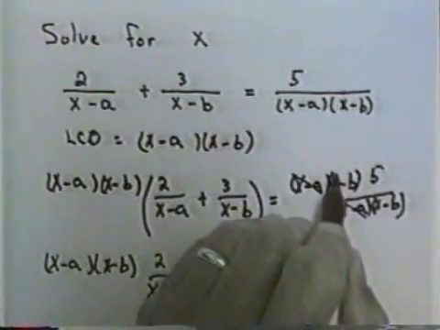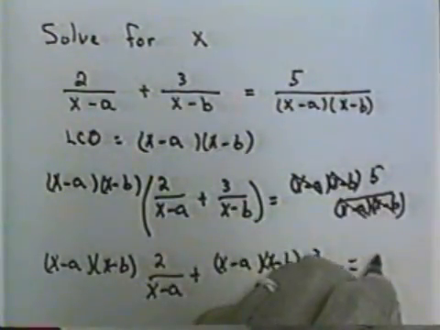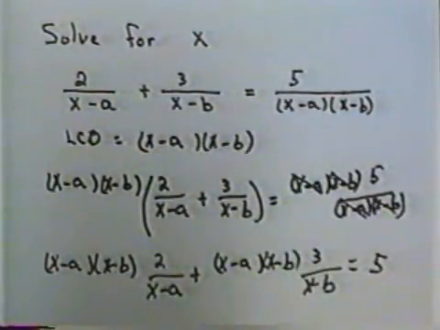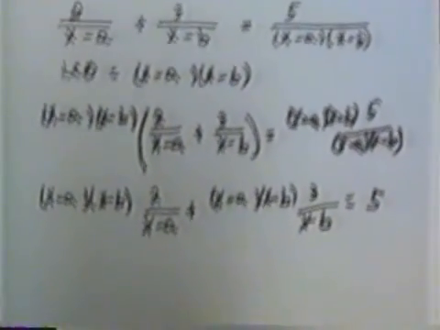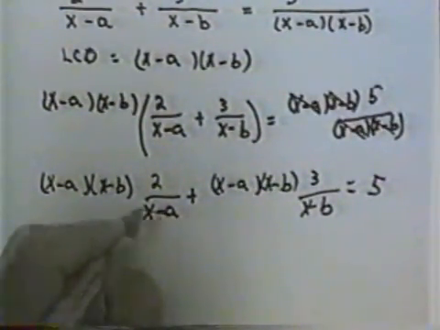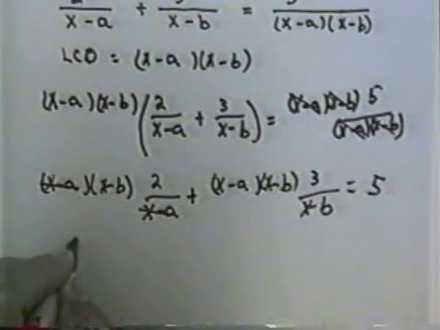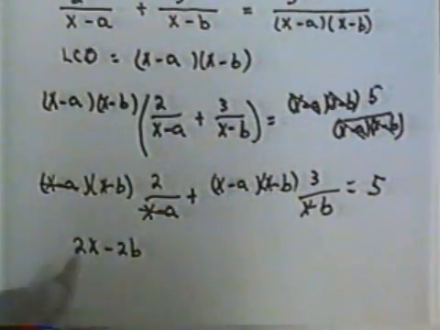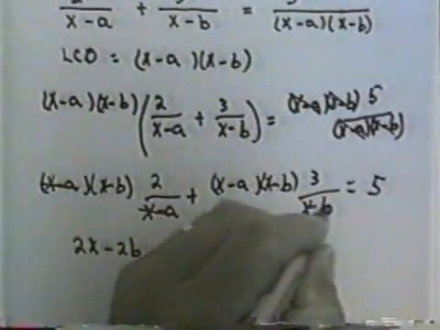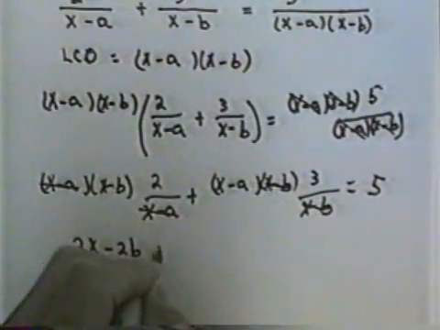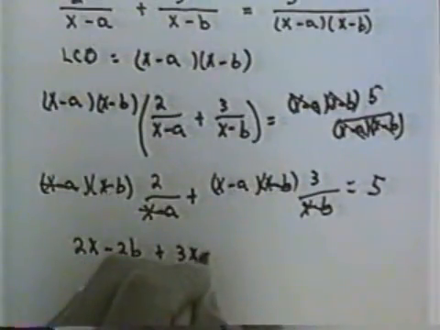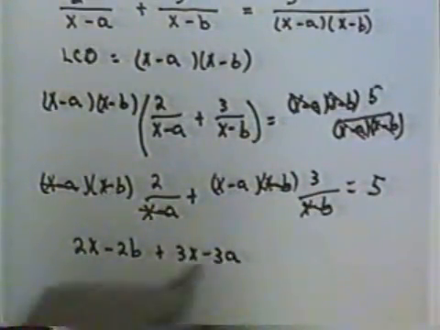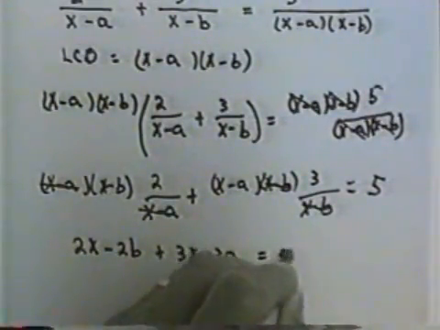X minus a's will cancel, x minus b's will cancel, so it leaves me with 5. Now I can cancel the x minus a's and be left with 2x minus 2b. I can cancel the x minus b's and I have 3x minus 3a is equal to 5.